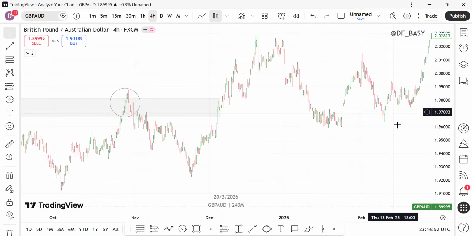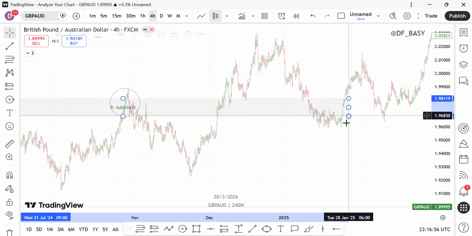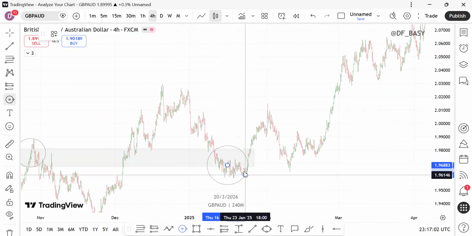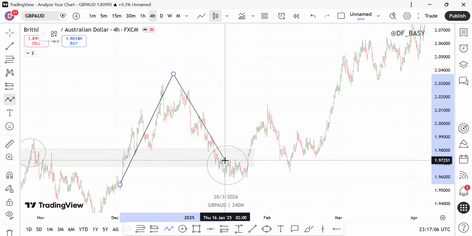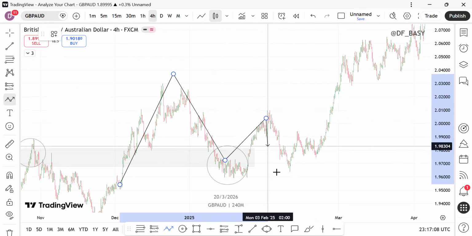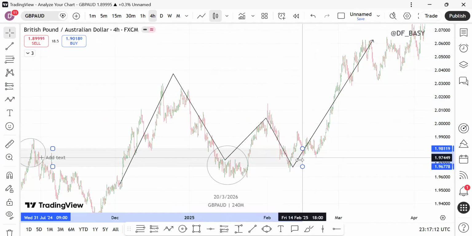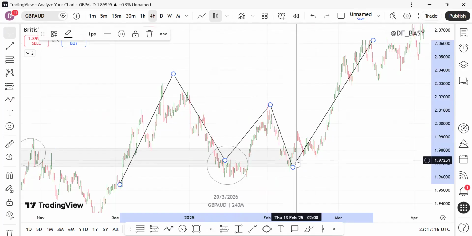Then you have what we call resistance turned support. So now the market changed this to support and tapped from here after breaking, changed this to support, and then voila, it went up. So that's the basic understanding of this. All I'm doing right now is pure technical analysis.